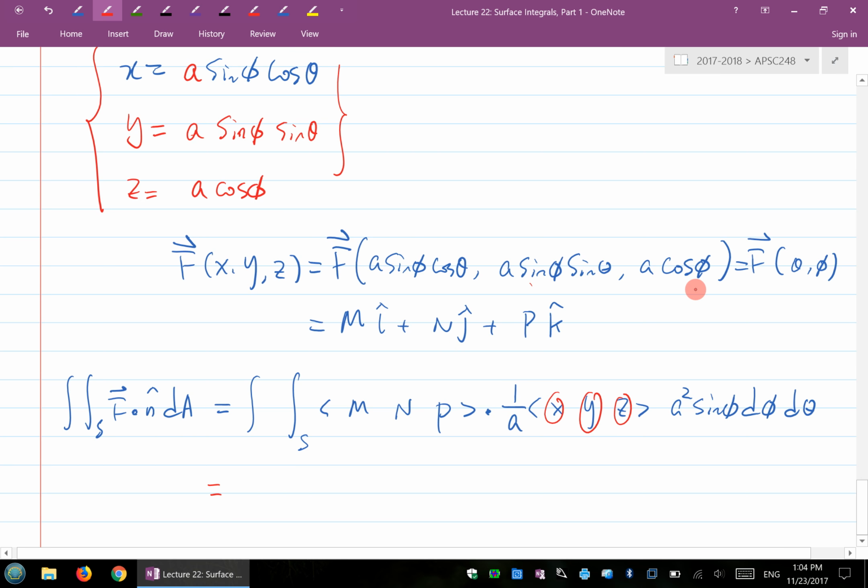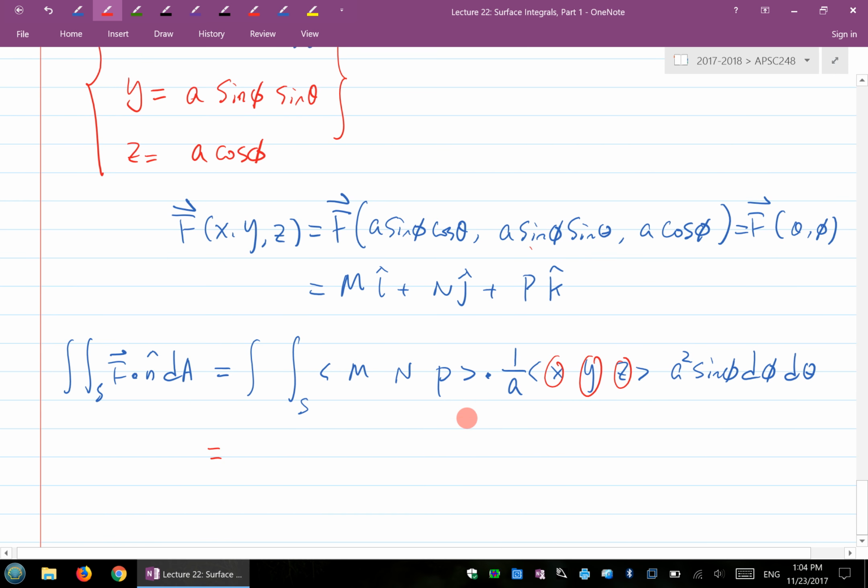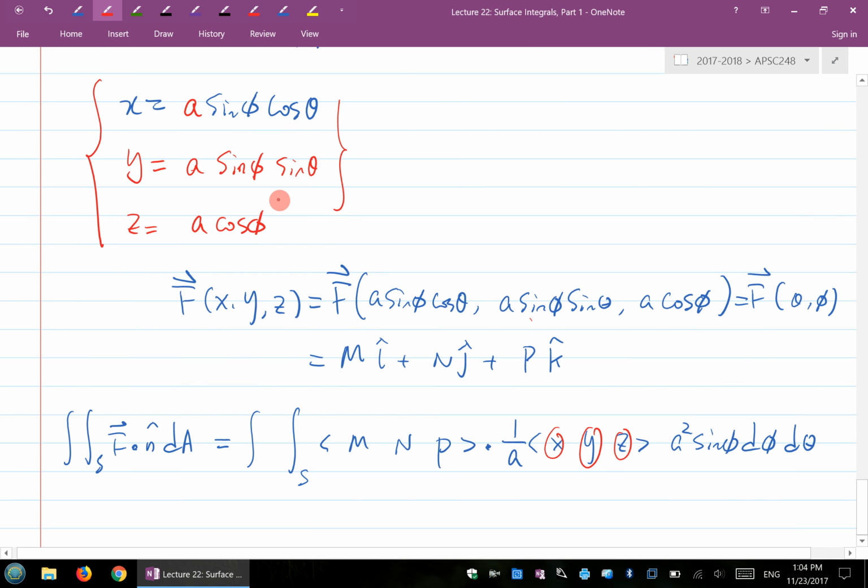We don't need to derive a more formal formula, and there's no point, since each question will have a different M, N and P, so we can do the replacement for each individual question. But bear in mind that you're not going to carry this x, y, z through the question. You're going to replace the x, y, z with these three expressions.